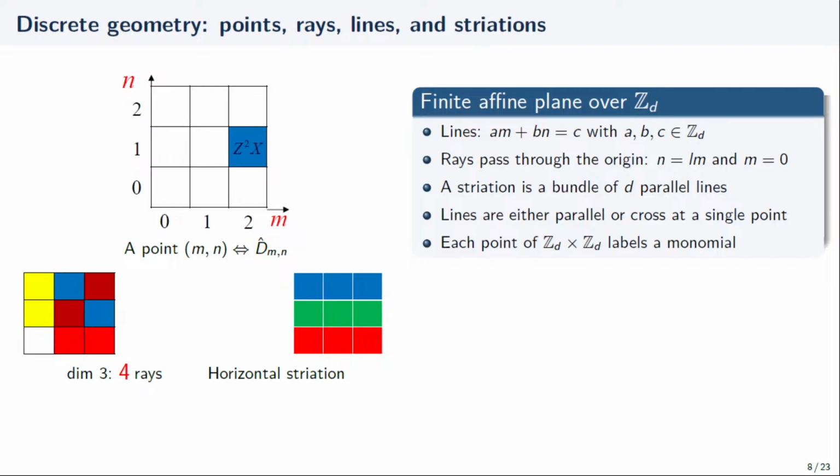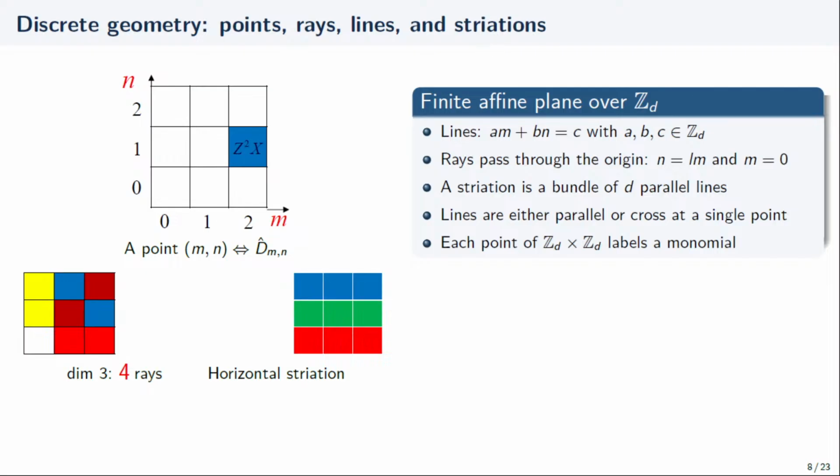Straight line: m and n are axes, and a, b, c are some numbers from 0 to d minus 1. So this is a straight line. A particular case of a line is a ray, which satisfies the condition n equals l m. So l is just the slope of the ray.